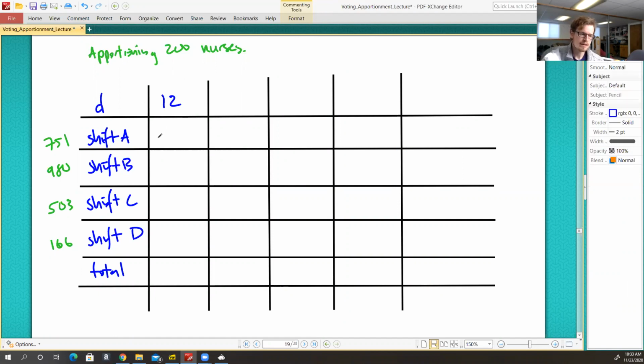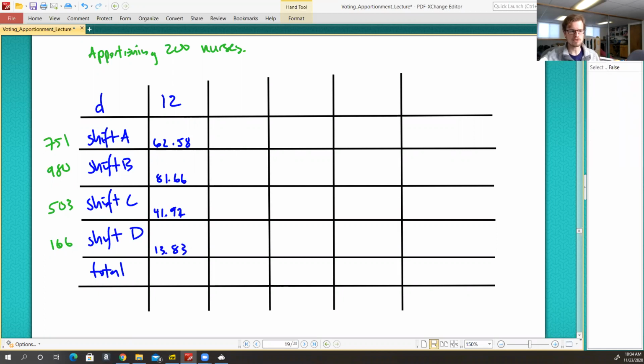So again, we would calculate them to be 62.58, 81.66, 41.992 rounding to 2 decimal places, and 13.83.